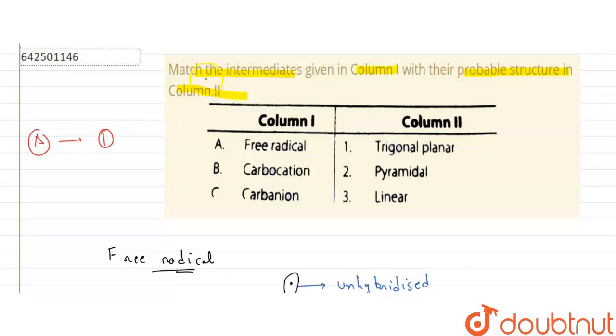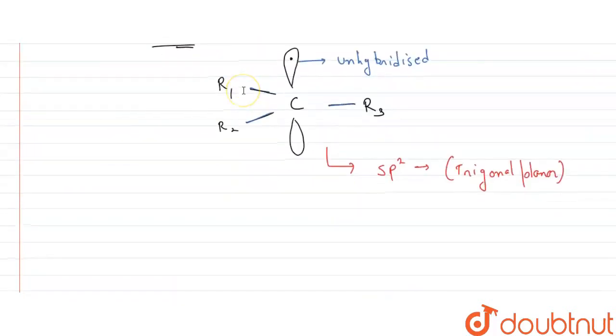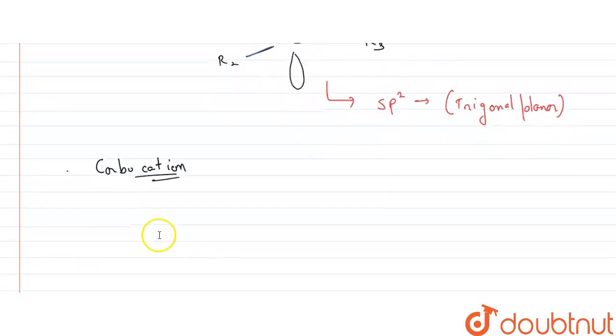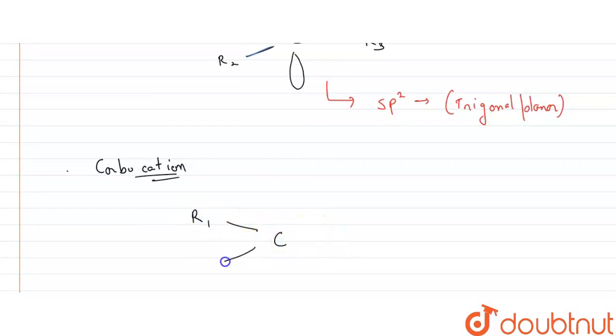Now the B part is carbocation. So carbocation is also having a similar structure to that of the free radical. So let me write carbocation. So in the carbocation case we will have a similar carbon, let's say C, connected with groups R1, R2 and R3.